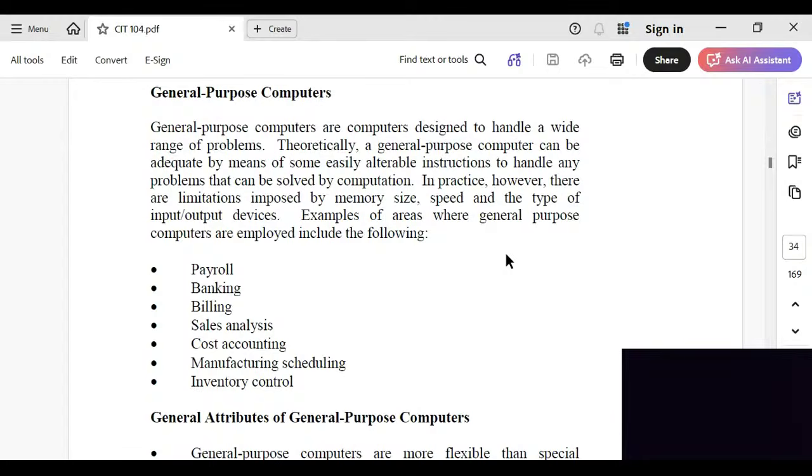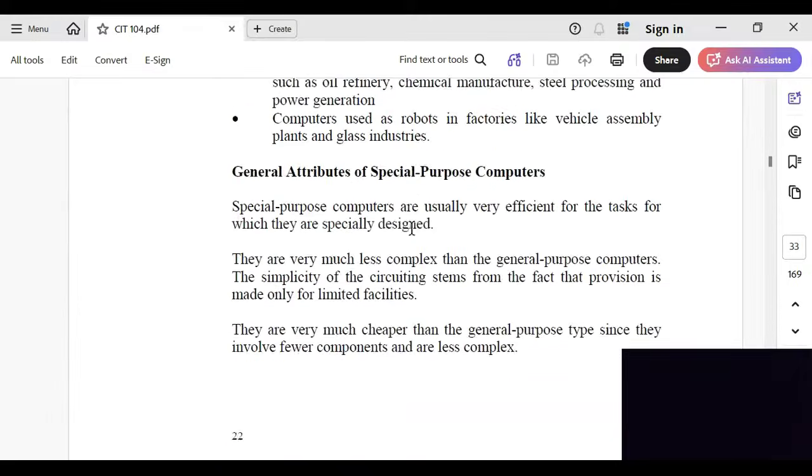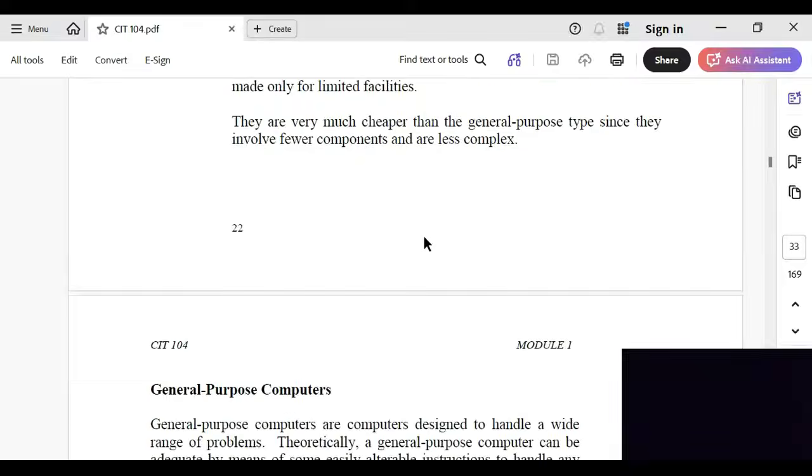We did not stop there. We also talked about the purpose, that is specifications, and then classes of computers, how we classify computers and the rest of them.